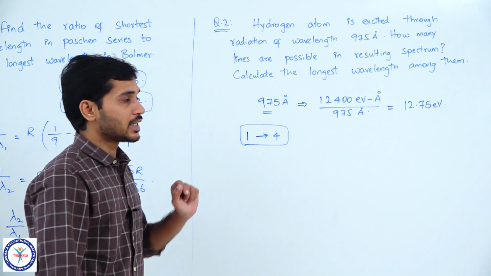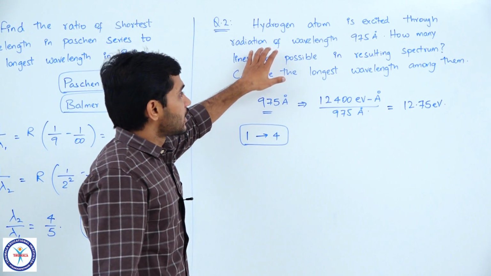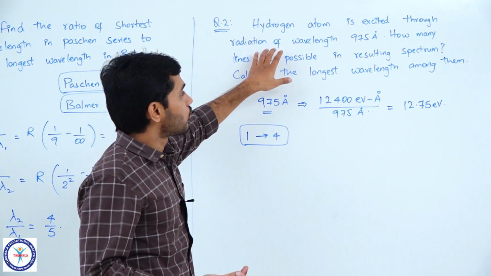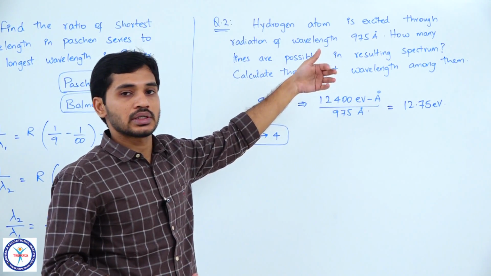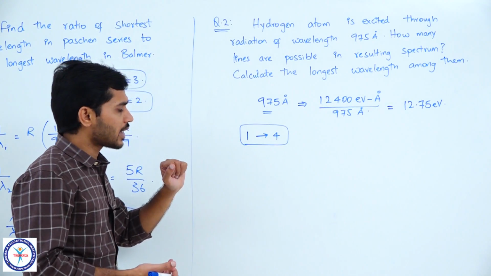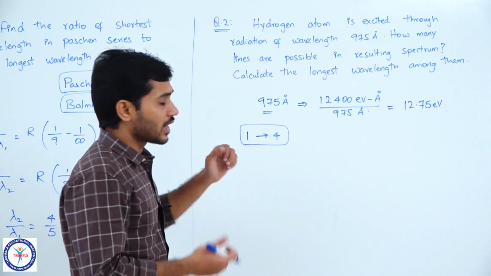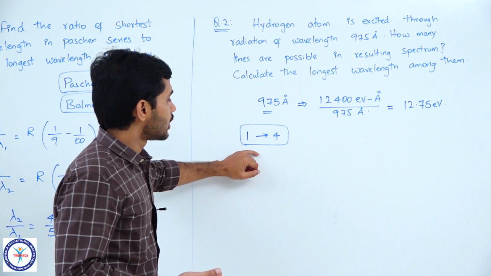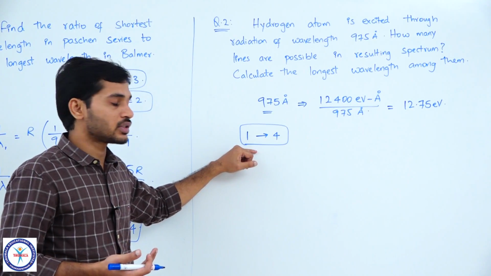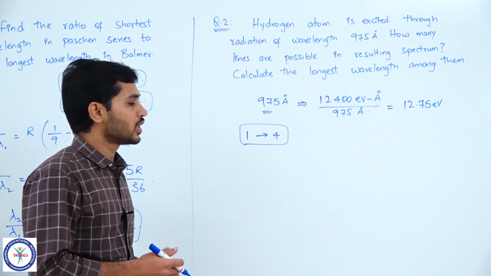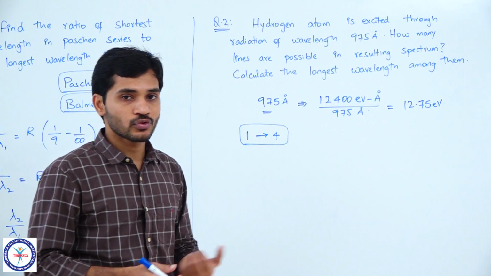What that means is that by making light of wavelength 975 angstroms fall onto the hydrogen atoms, the atoms get transitioned to the fourth state, 1 to 4 transition takes place. Now, the electrons are in n is equal to 4 state.